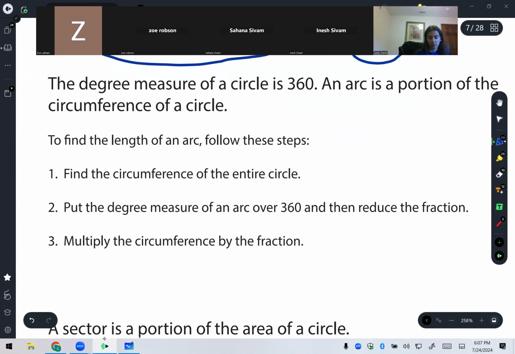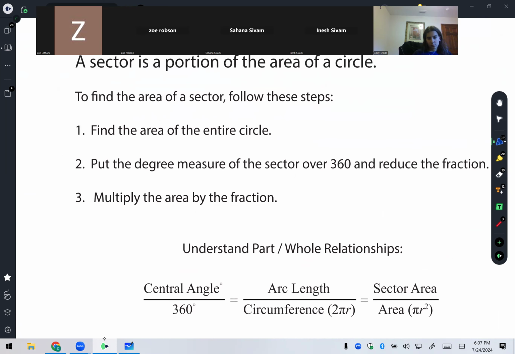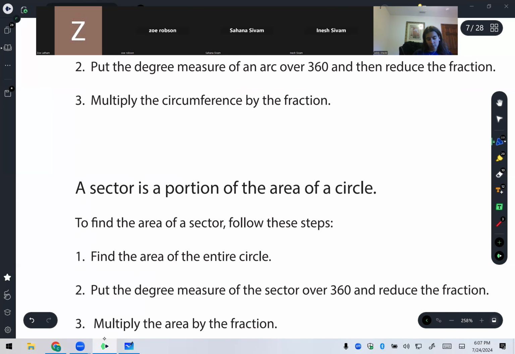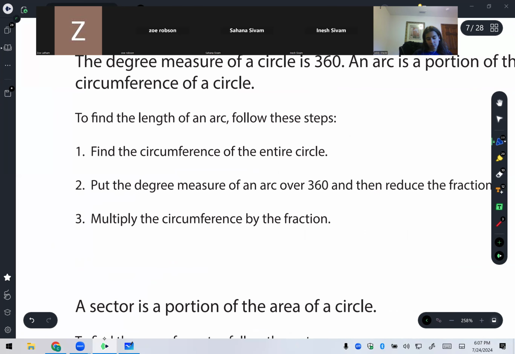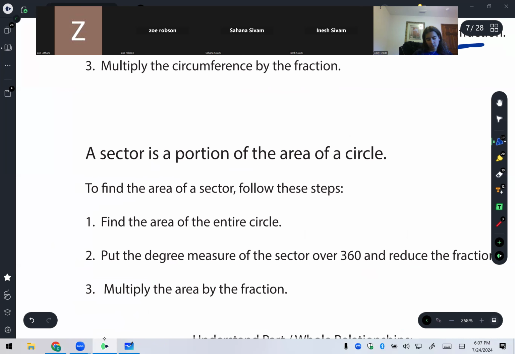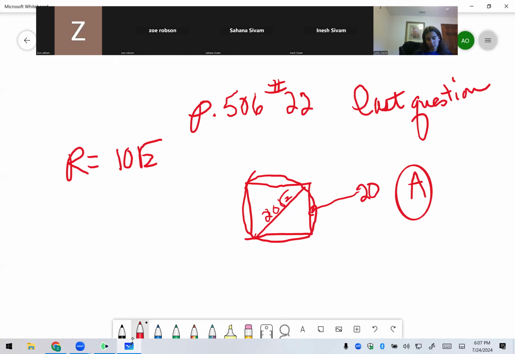We have a formula down here that we can use. We find the circumference of the entire circle, put the degree measure over 360 to get the fraction, and then multiply the circle by the fraction. For a sector, it's the same thing: we get the fraction, something over 360, and then multiply. So let's try a book one first.